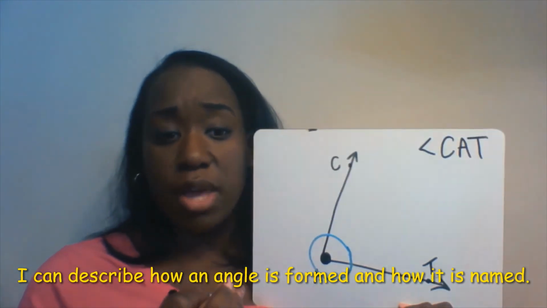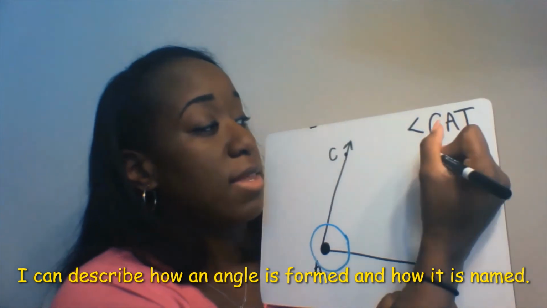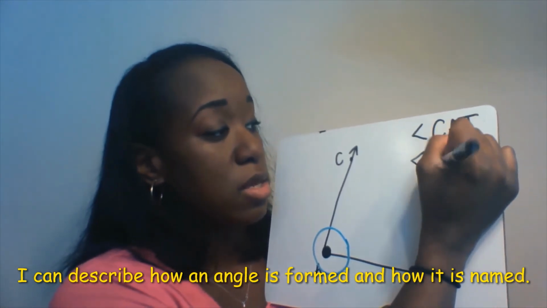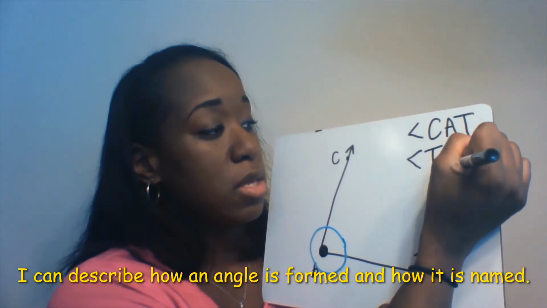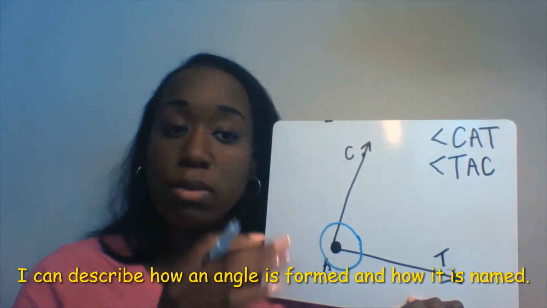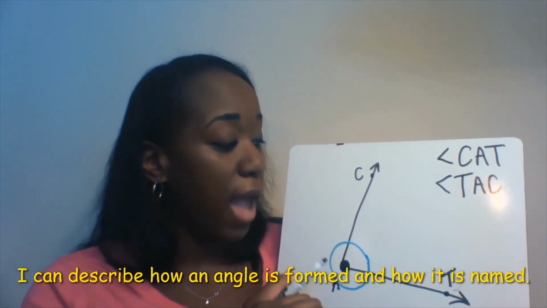Can I have another name for it? What if you start here? Is that okay? It is. Angle TAC. So it doesn't really matter which direction you choose to name your angle as long as your vertex is in the middle.